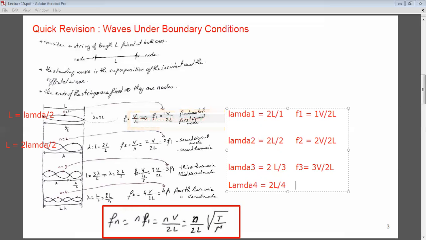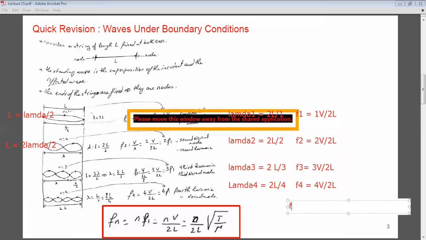And here, F4 will give me 4V over 2L, etc. So Fn, we agreed last time, is equal to nV divided by 2L. And instead of V, we can put the square root of T over mu.